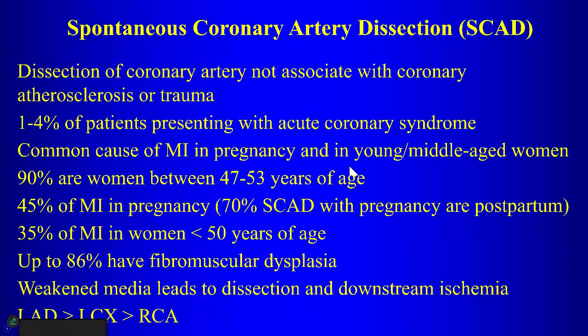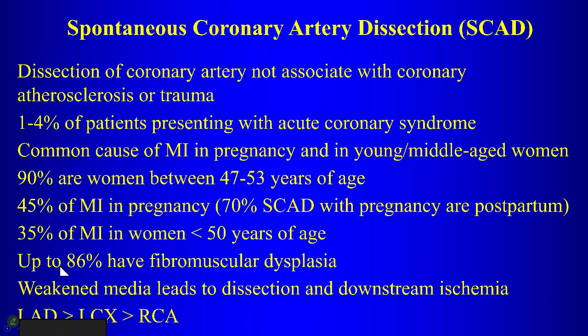So if you get that history, pregnancy, young middle-aged woman, abrupt onset of chest pain, think about this, spontaneous coronary artery dissection. 90% of patients are women between the ages of 47 to 53. 45% of infarctions in pregnancies, right? 70% of patients who have this are pregnant or postpartum. 35% of myocardial infarctions in young women are less than 50 years of age.